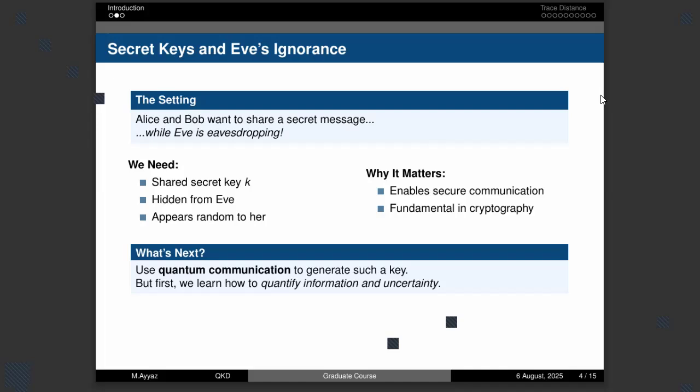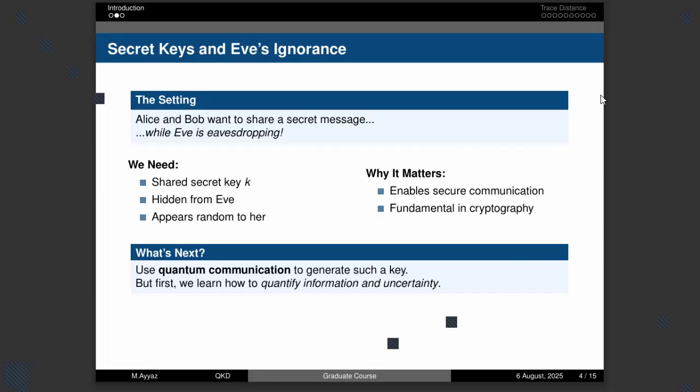Our condition was that Eve, who is eavesdropping, should be ignorant about this key. So first we have a shared key, and it should be hidden from Eve and appear completely random from the perspective of Eve. It could be done by quantum communication, and it is the foundation of quantum cryptography.